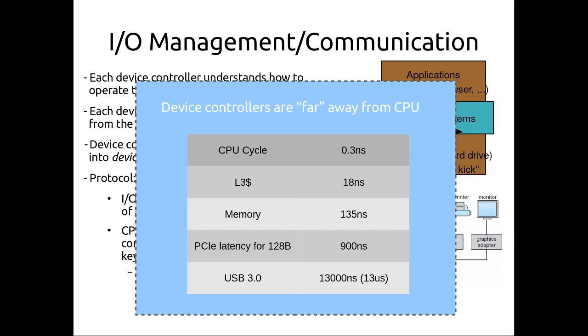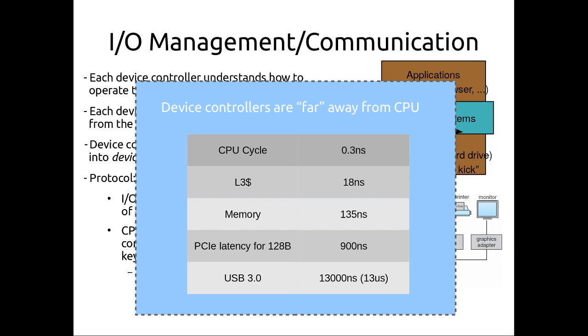So look at that: 900 nanoseconds versus the 135 nanoseconds of memory. It's much, much more expensive than going to memory. And compare it versus a CPU cycle, and you realize that this is almost a veritable infinity for a CPU. So while talking to these device controllers can be a very expensive thing, we want to somehow make sure that the CPU doesn't get slowed down to that speed.